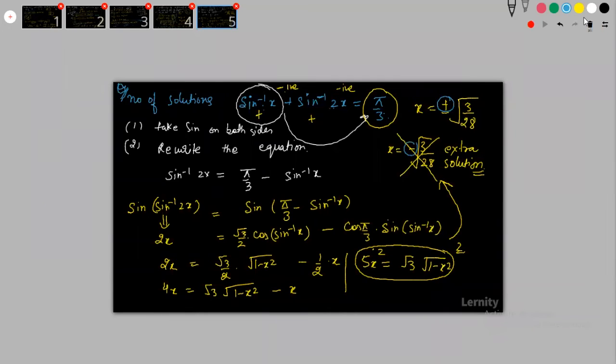So remember, whenever you are squaring roots, always check for the extra solution. The extra solution you have to remove, right? Whenever you are squaring, always check for the extra solution.